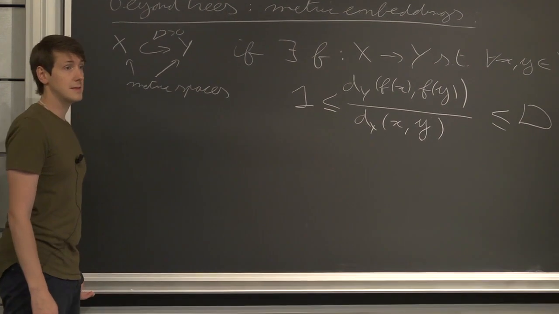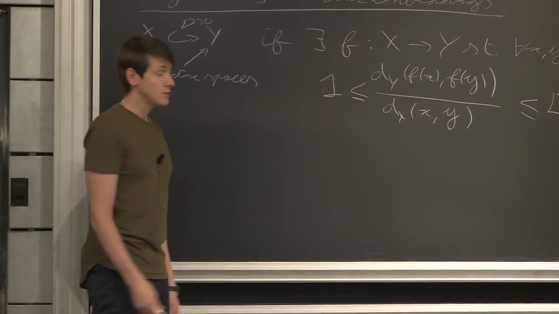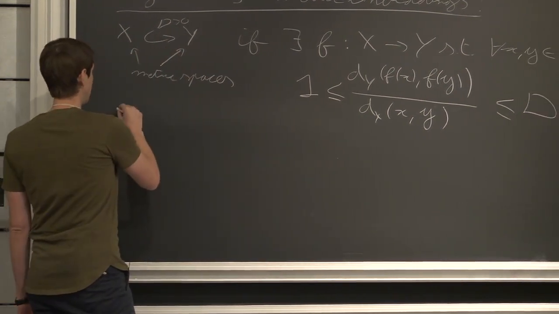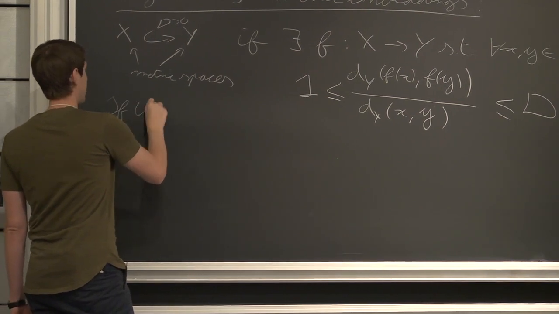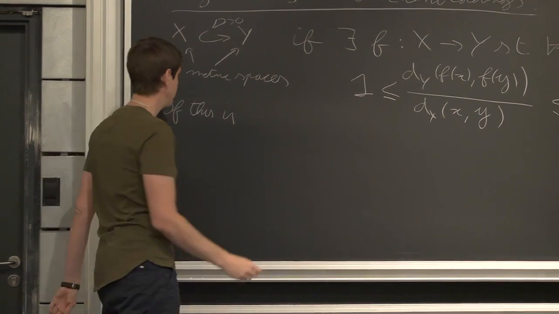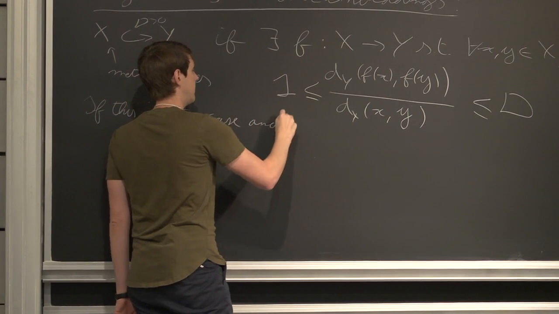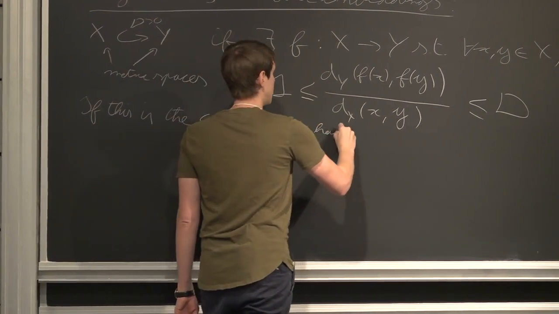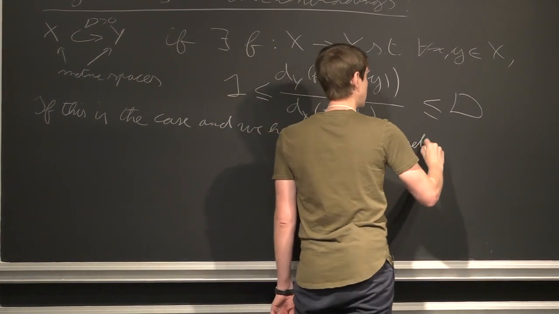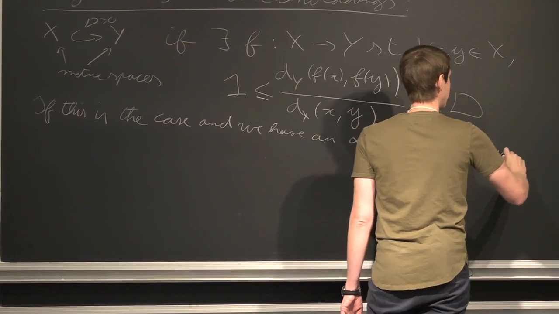So why is this very useful for online algorithms? It's very useful because of the following. Assume that x embeds into y with distortion d, and we have an alpha competitive algorithm in y.